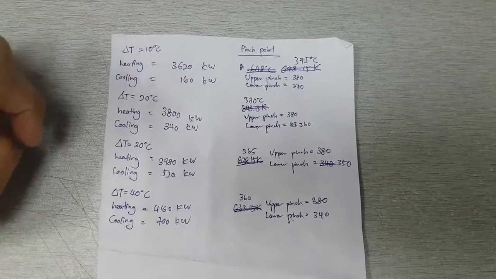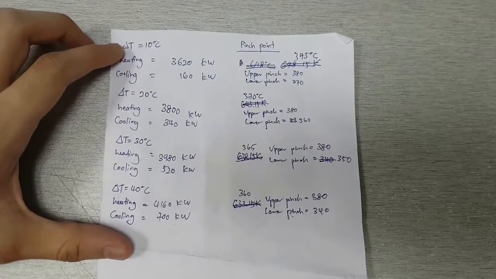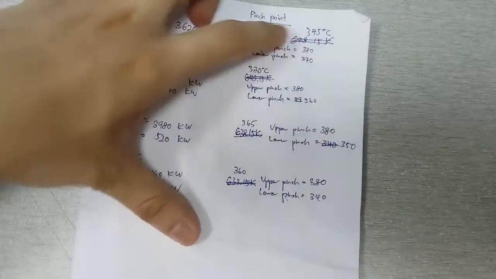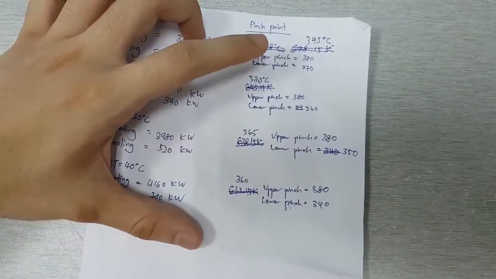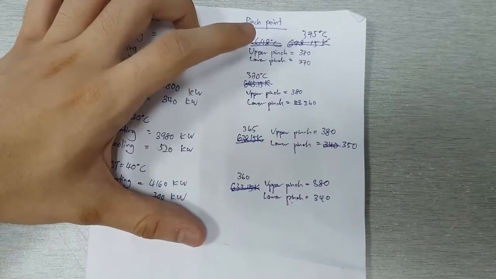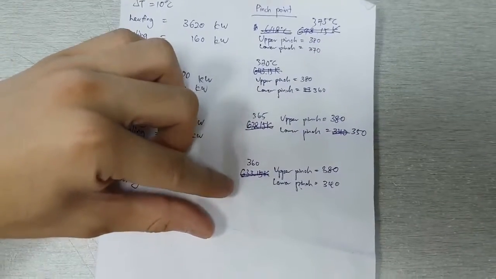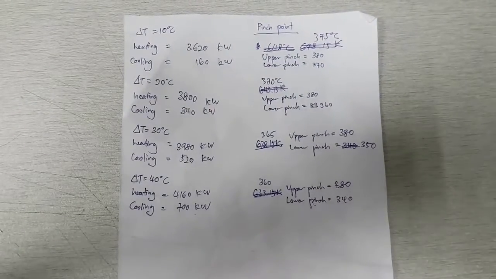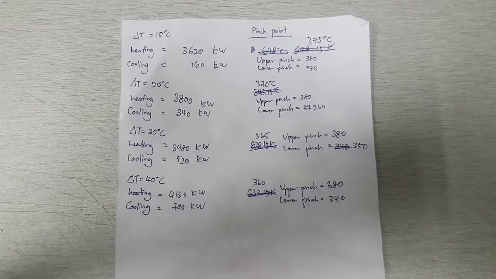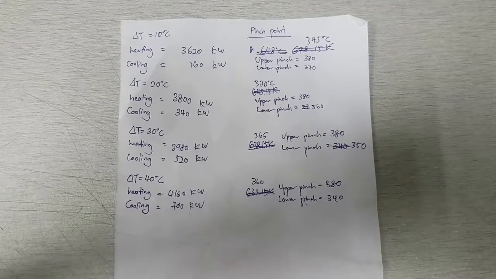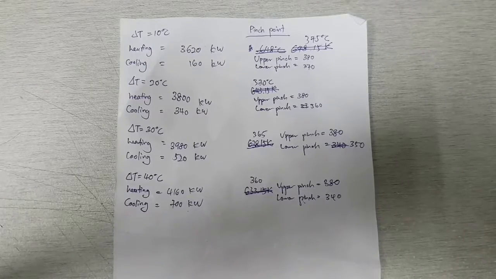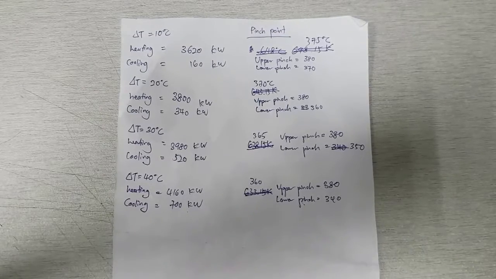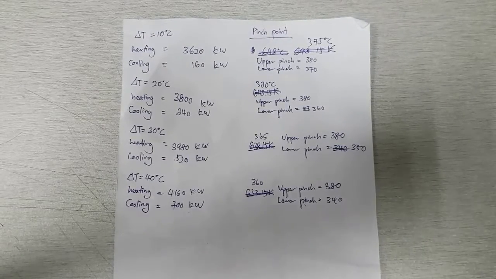And we also observe that when we increase the delta T min from 10 to 40, the pinch point decreases from 375 degrees to 360 degrees. So after carrying out pinch analysis at different delta T minimum, we suggest that delta T minimum equal to 10 degrees will be the best because it gives the least heating and cooling utilities compared to other delta T minimum.